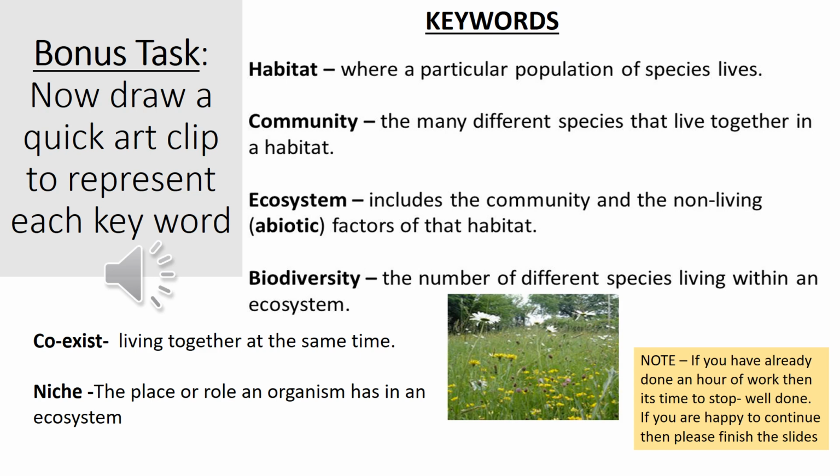So biotic factors are the living factors in our ecosystem, and abiotic are our non-living factors like oxygen levels, water, gases, pollution. So I want you to just double check you have all the information on these keywords. And then for a bit of fun, I would like you to draw a very quick art clip to represent each keyword. And on the next slide, you'll see my answers.